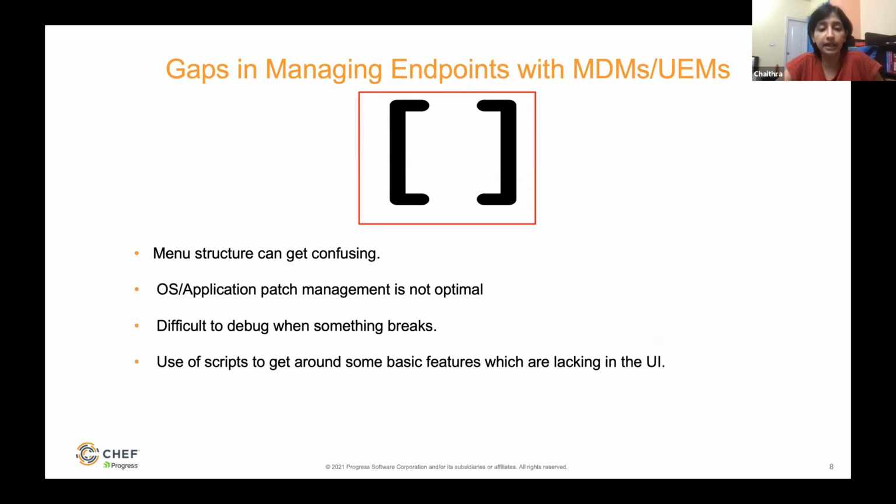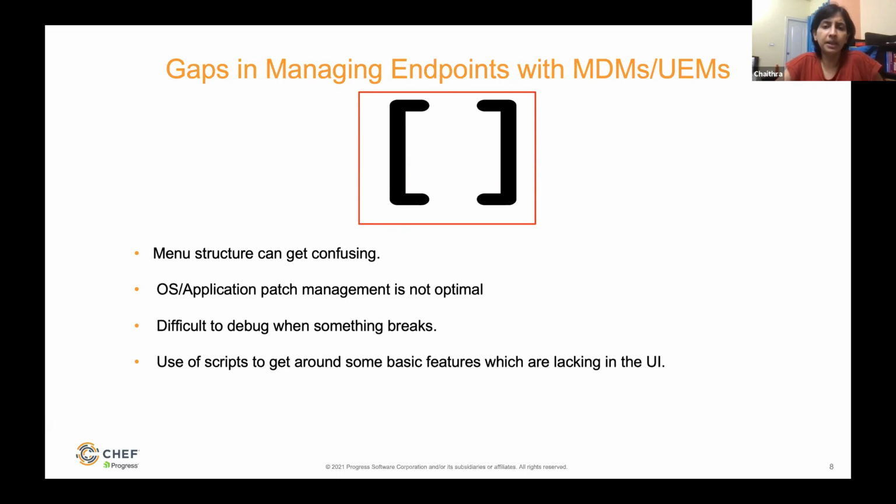You might end up configuring something which you did not intend to, or if the workflow that you configured causes some issues, it is not easy to find out and debug through so many policies and so many configuration tasks and flows that you have set in your MDMs. That becomes really challenging, and you can imagine that with scale, it gets even more difficult to get a handle over.